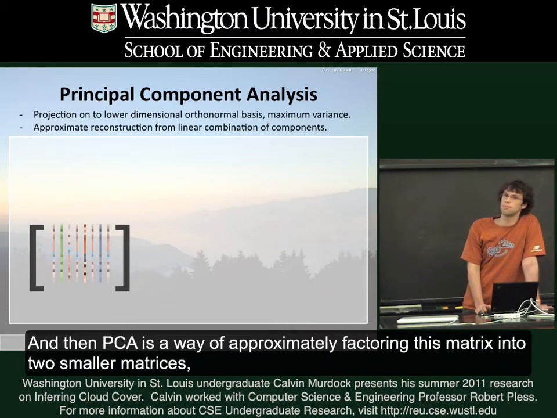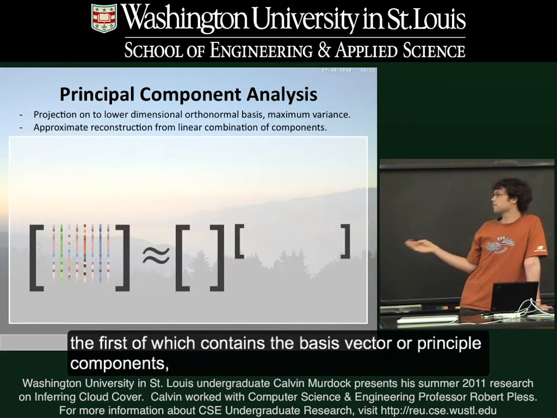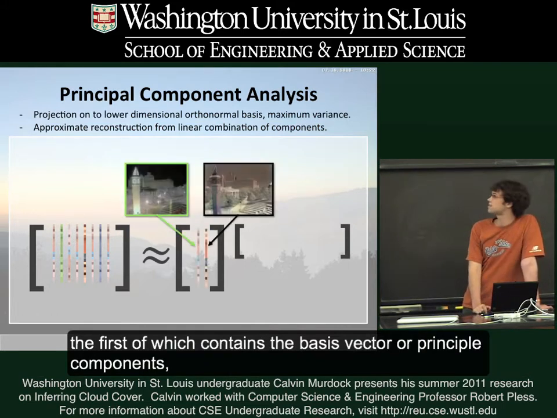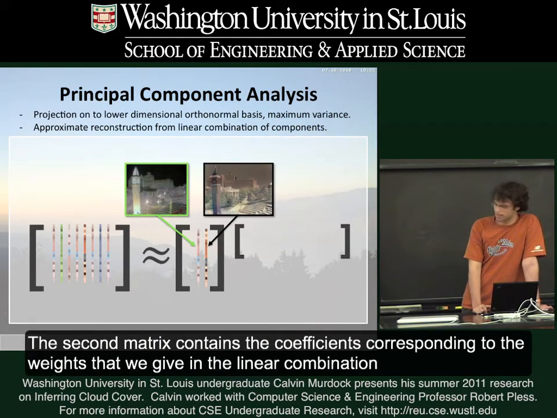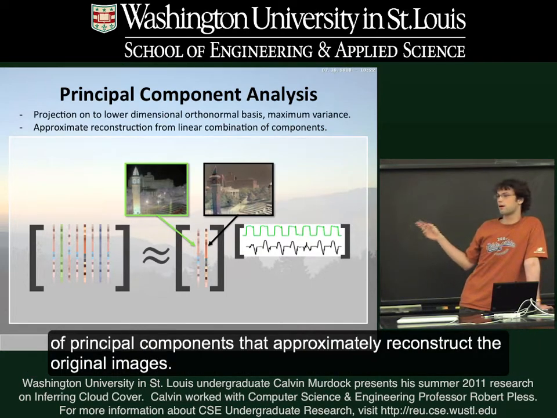Principal component analysis is a way of approximately factoring this matrix into two smaller matrices, the first of which contains the basis vectors, or principal components, and the second matrix contains the coefficients corresponding to the weights that we give in the linear combination of the principal components that approximately reconstructs the original images.